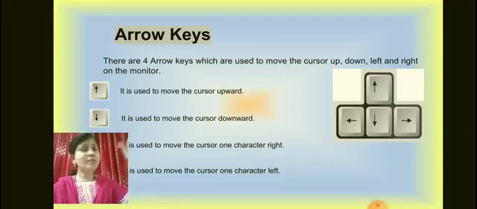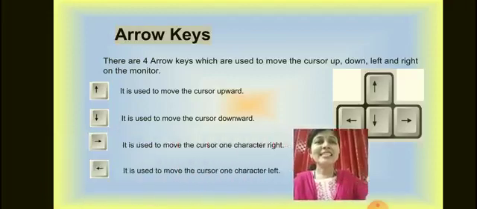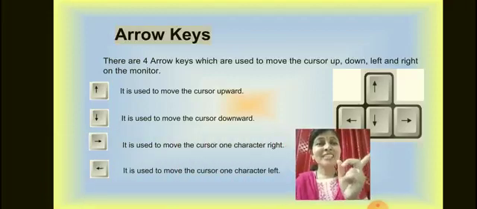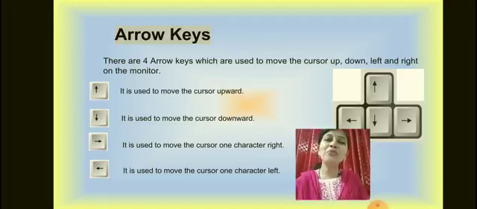Now you want to come to the last line. Next, the down arrow key is used to move the cursor downward. Next one, this is the right side. It is used to move the cursor one character right. When you press once, it moves one character right, and when you press again, it keeps moving.